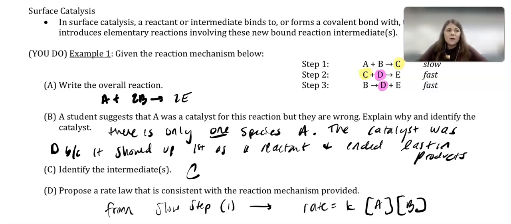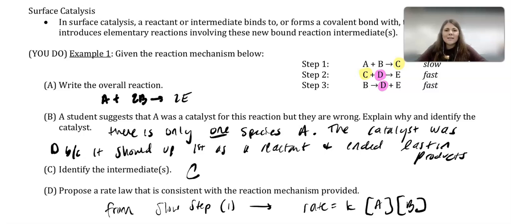So that still would correlate as a catalyst. The intermediate in this example would be the C. Okay, so C showed up first as a product and then showed up later in a reactant. That shows that it was being consumed. So this would have been an intermediate.